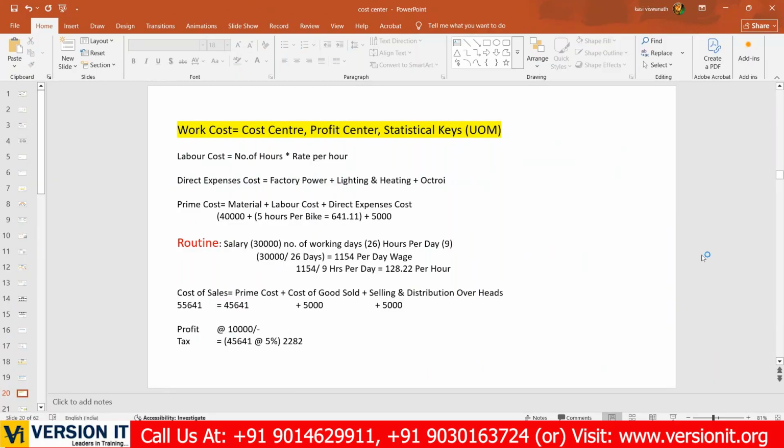Now, as a company, the big major concept is labor cost. The big major concept is labor cost, right? If you identify the labor cost, almost 90% of your task is done. Now, let's understand what is labor cost. Heading: labor cost.